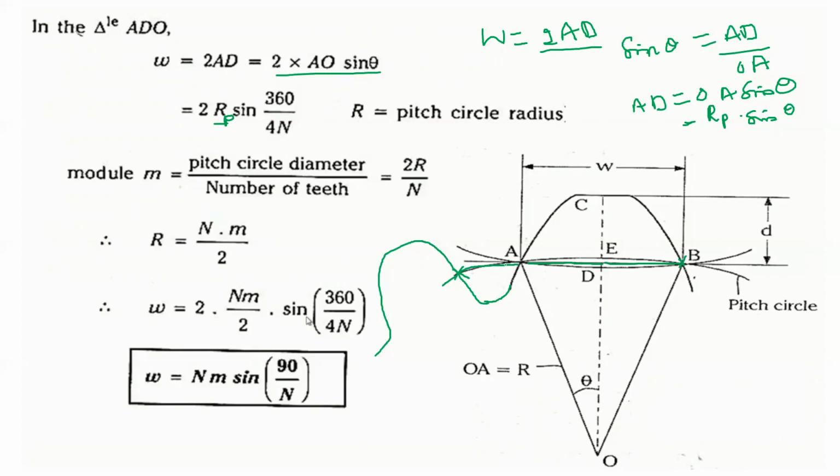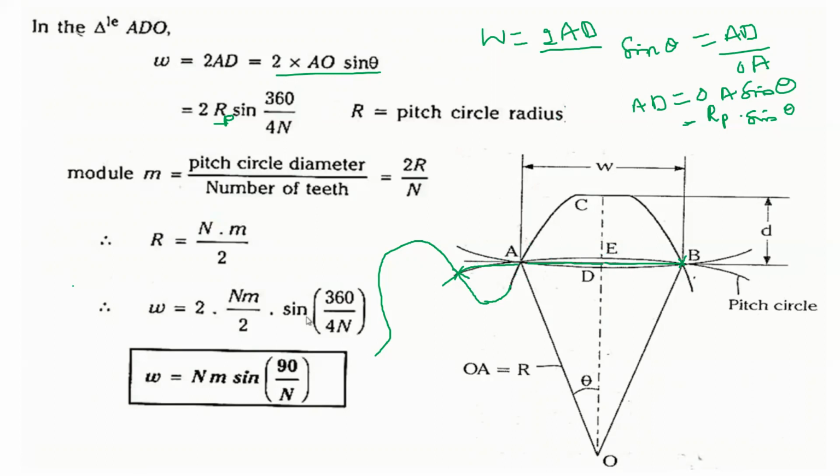So circular pitch is 1 tooth space plus this width of the space.